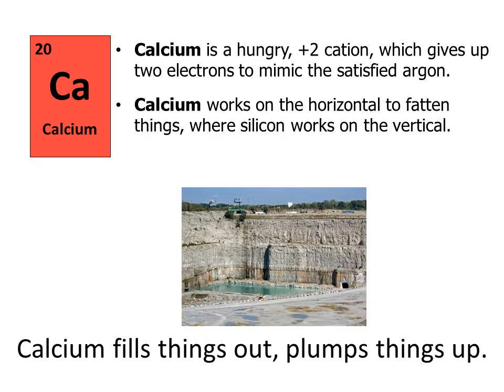This is a limestone quarry, and you can see here how calcium works on the horizontal. It was a sedimentary deposit from an earlier age of the earth, and it would have accumulated in a sedimentary basin of some sort, and what happens in these sedimentary basins, it's happening today in the oceans at a greater rate than we have historically experienced before.